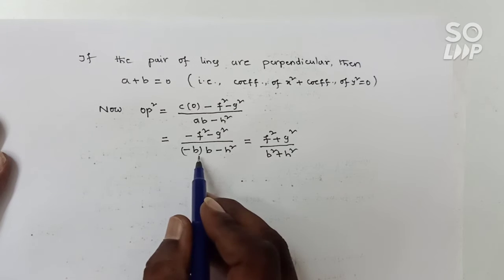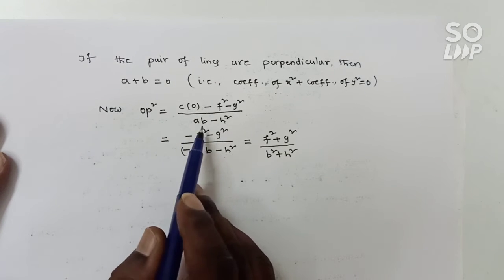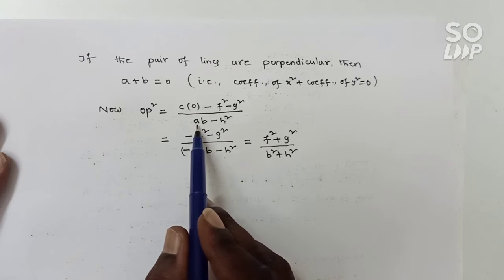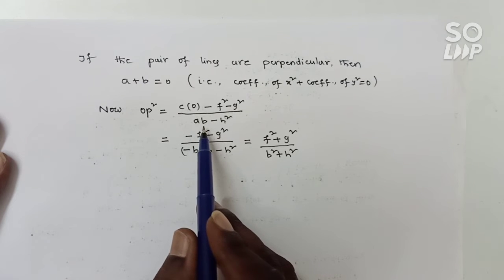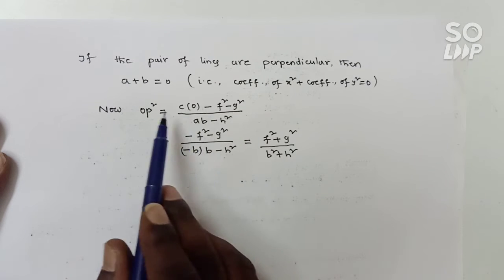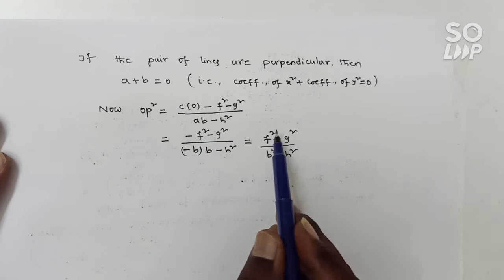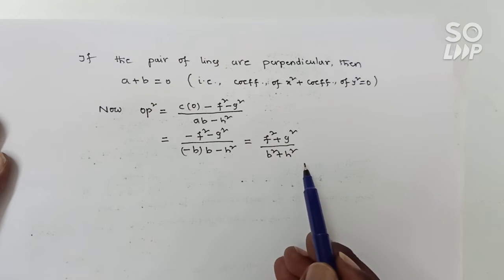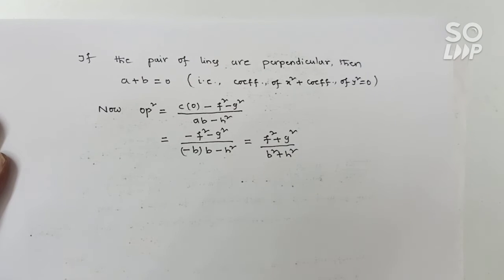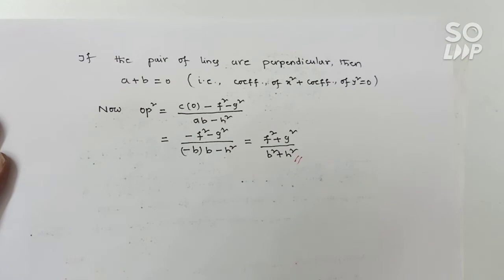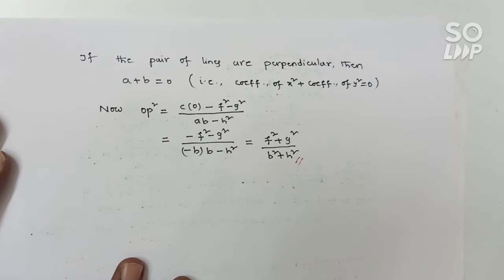So in the other case, here I replaced A with minus B. Now if you replace B with minus A, this result becomes F square plus G square by B square plus H square. So this is the deduction if the lines are perpendicular.